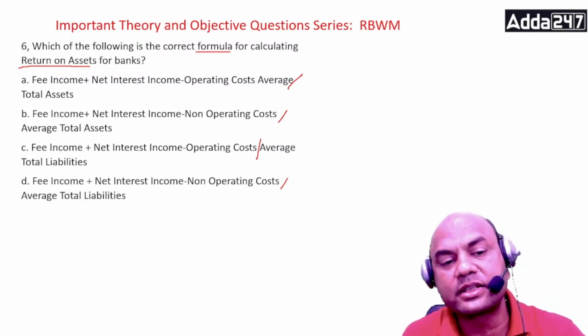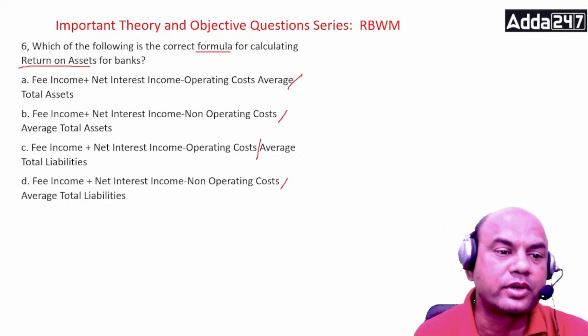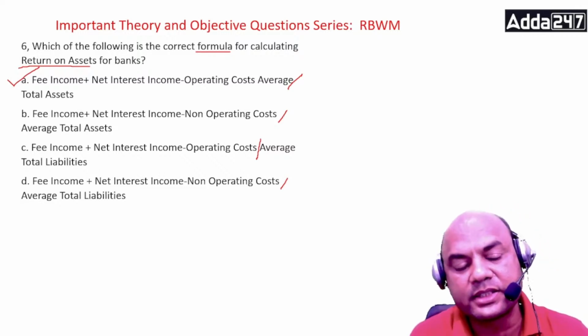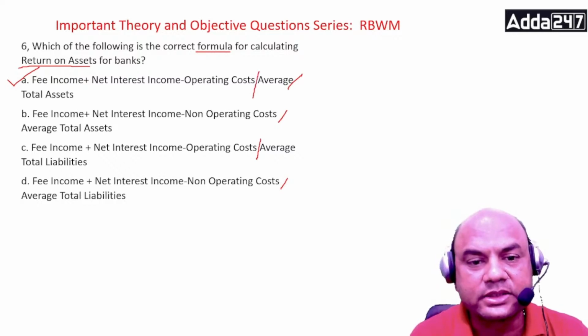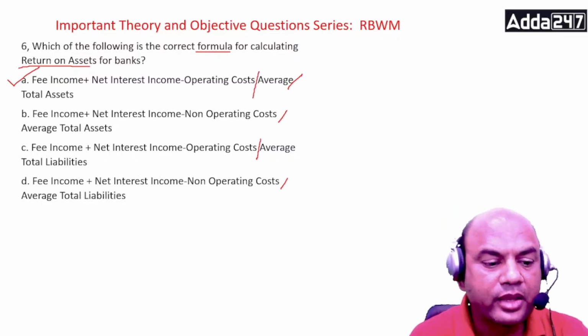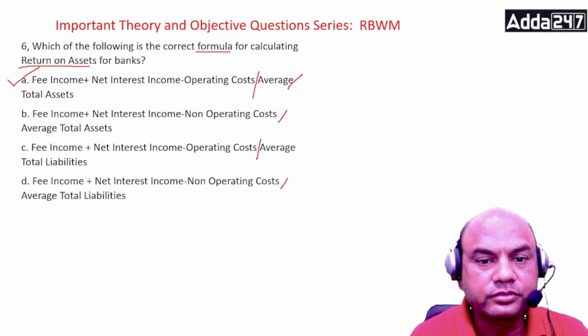So what will be the answer then? It is A. Fee income plus net interest income minus operating cost upon average total assets. Got it? So this is the answer.